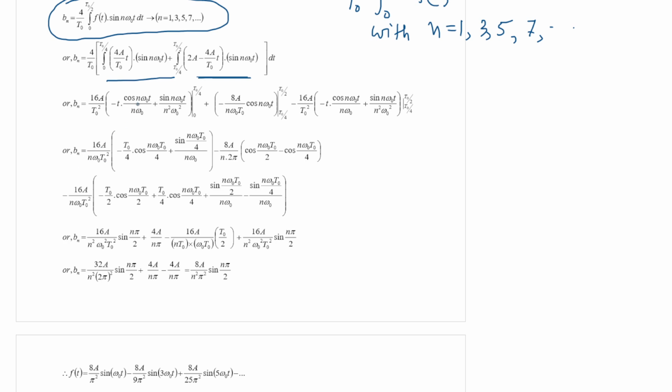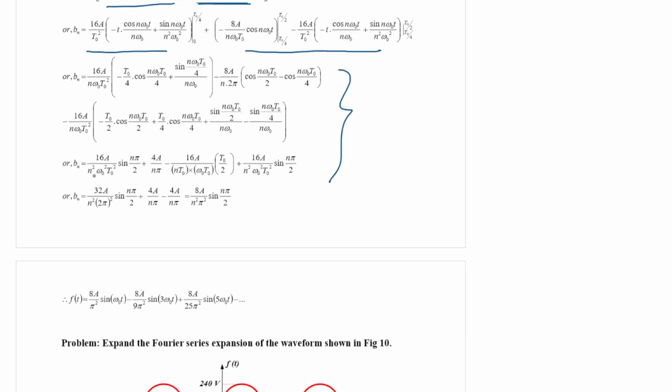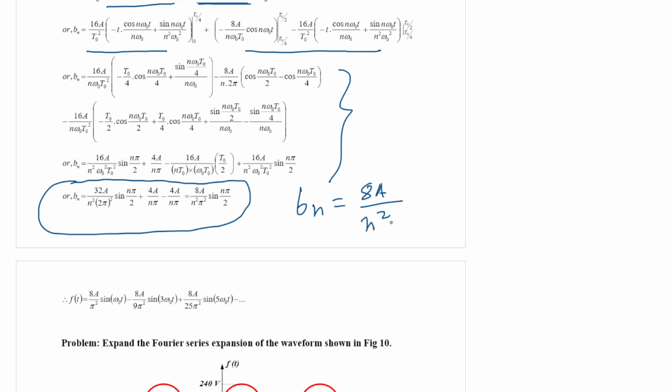So one by one if you solve, let us not discuss here. If you do this derivation on your own, you will get your final answer equal to 8a by n square pi square sin n pi by 2.